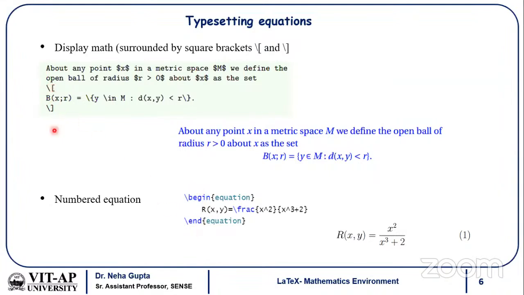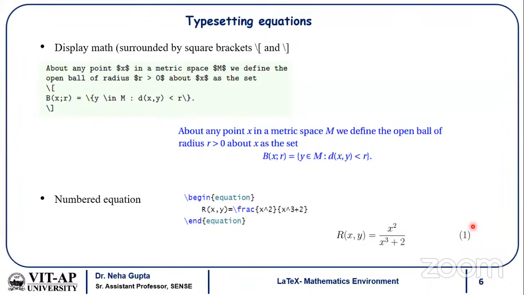In this square bracket, when you keep any mathematical expression, it is not going to give you the equation number. It will create the mathematical environment and you will get the equation easily, but without numbering. You can see the output here, and in this other case you are getting the equation number.